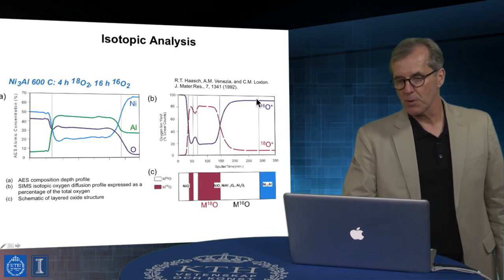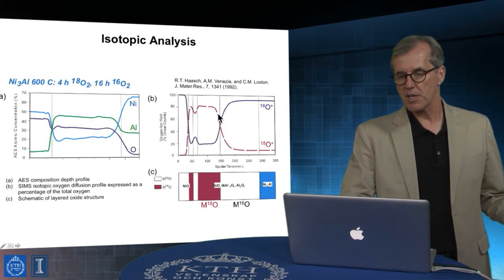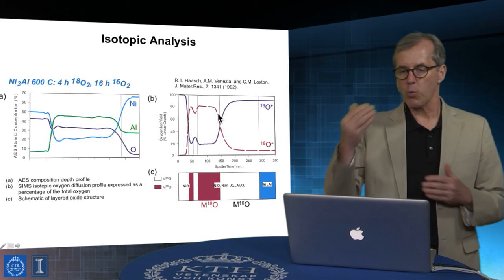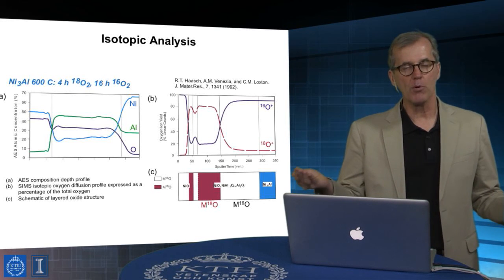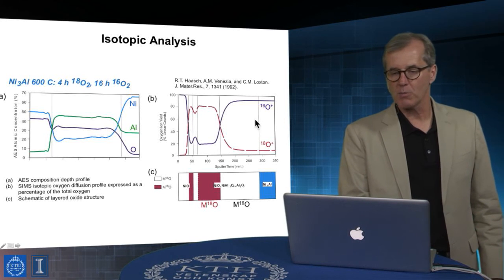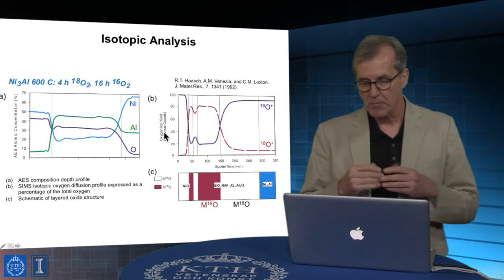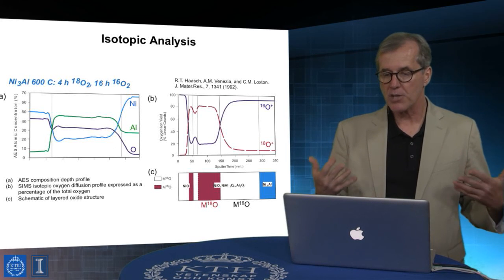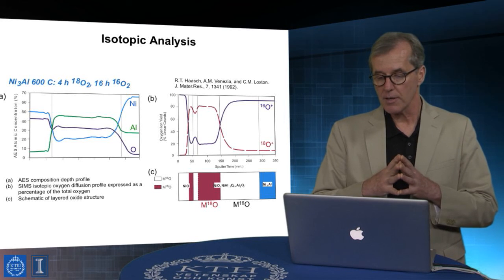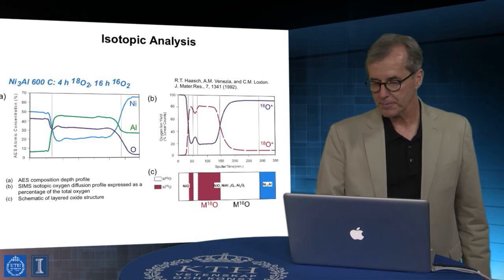So, for example, the characteristic interface that's shown here would allow you to see that there's one atom type or another atom type moving in the material. So do oxygen atoms move in, or do nickel atoms move out, right, when you oxidize this material? So experiments like this let you do measurements of that type.